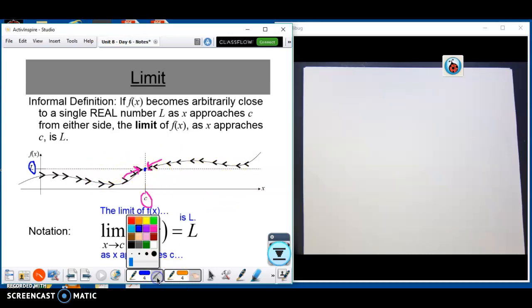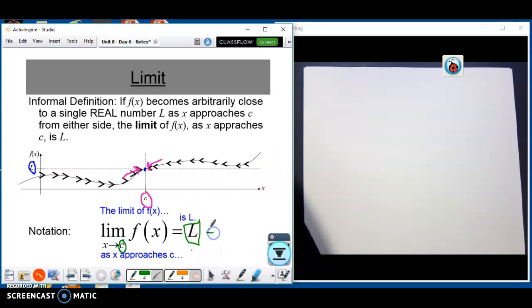The way this is written, and we looked at this with end behaviors before, so we will tie back into that, is the limit as x approaches c, where c is whatever x value they're asking you about, of f of x, which is your graph or your equation, is equal to L, and L is going to be your y value.